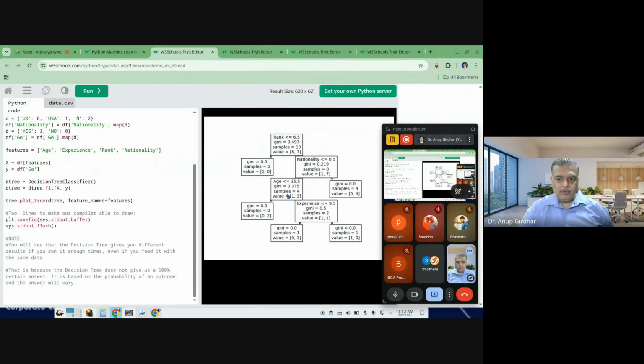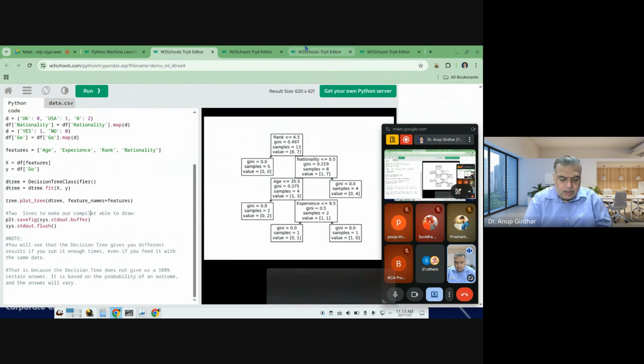Everybody just try this code and check how things work, right? So please just implement this practically.